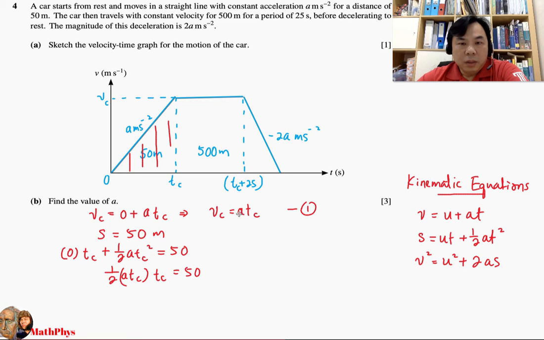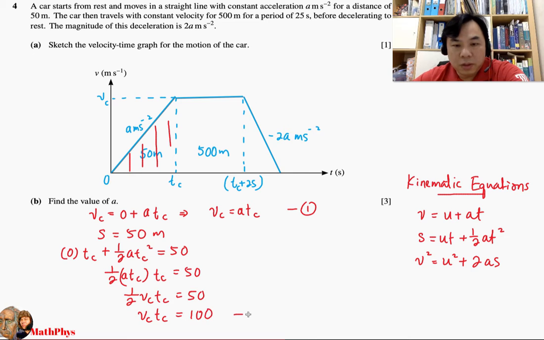So from here, now let us see whether it's useful or not. You can actually have half VC TC equal to 50, yeah. But that does not allow you to figure out much of the missing value A there. So instead we can just write it down as the second equation, for instance.